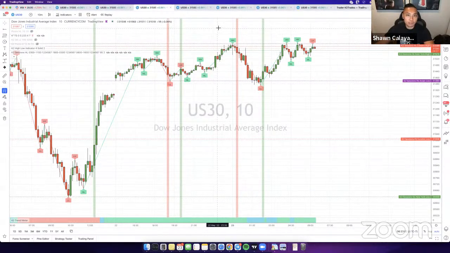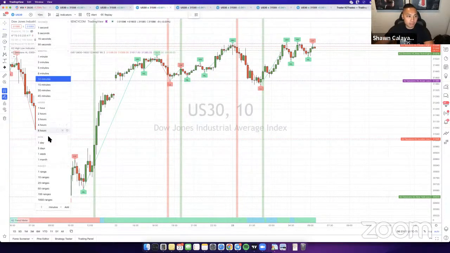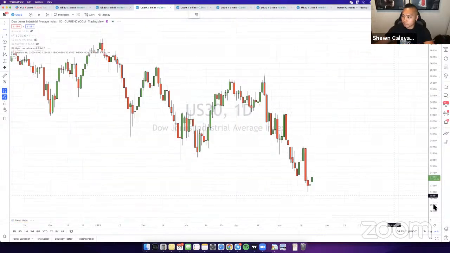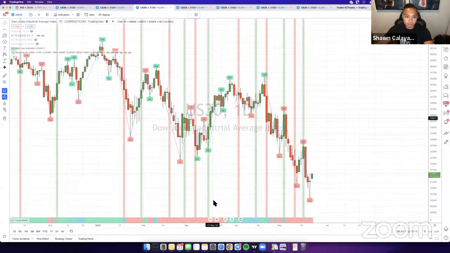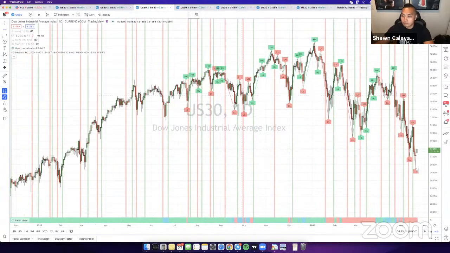As people join, I'm going to go ahead and mark up the liquidity here on the 10-minute. You guys can see how I mark it up. It's not really all that difficult. Since this is a 10-minute, I'm going to go on the higher time frame to mark up the liquidity, and you guys can see I just mark up the high lows basically.